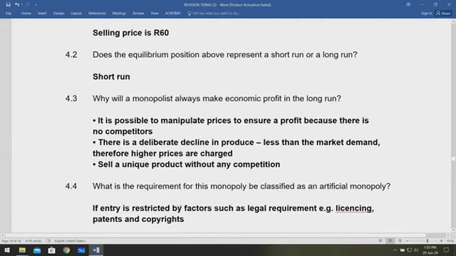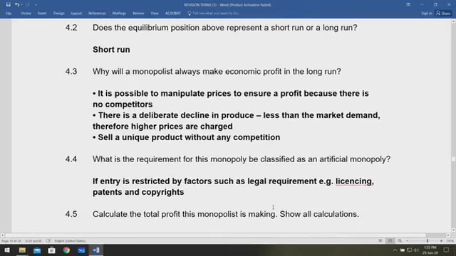If entry is restricted by factors such as legal requirements, which is licensing, patents, and copyrights. Okay? So if any of those things are in place, then it's an artificial monopoly, because by using copyrights and licensing, you are keeping others out of the market. Right, a natural monopoly is normally like Eskom, for example.